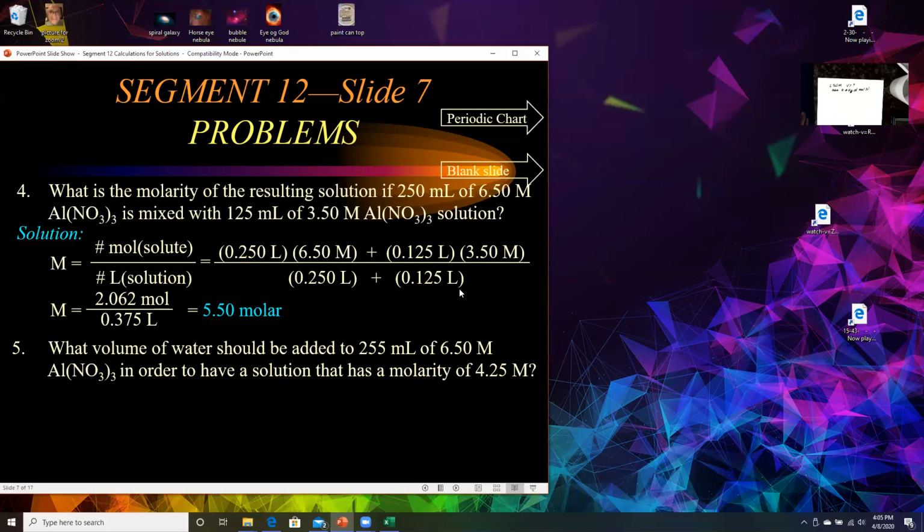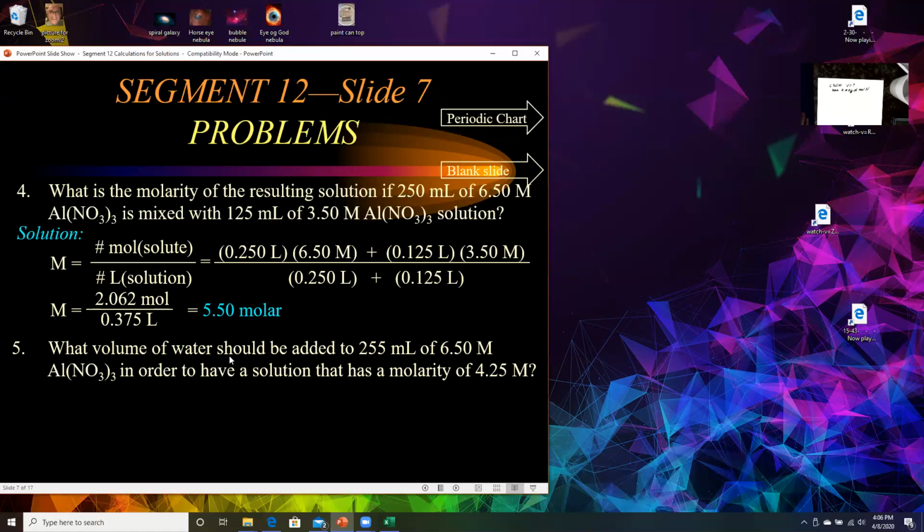So the millis would cancel out. I'm going to get the same answer that I got here for the concentration, as long as these units are all in the same volume unit. So we could have saved ourselves some time and some potential errors if we had just gone ahead and used these numbers as they were given.